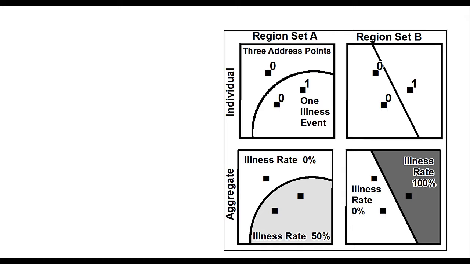I like this graphic, which shows 3 individuals. 2 of them are well, 1 of them is sick. Depending on how the spatial boundaries are set in the aggregation on the bottom, parts of the same area can be described as having an illness rate of 0%, 50%, or 100%.